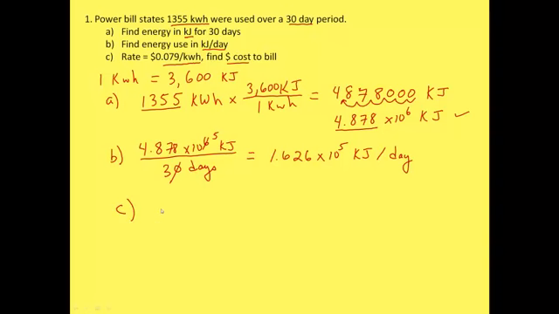And then C, since we have a rate on kilowatt hours, and we have 1355 kilowatt hours, again multiplying by essentially a conversion factor, converting kilowatt hours into dollars. So that's 0.079, and notice only 2 significant digits on this, per 1 kilowatt hour.